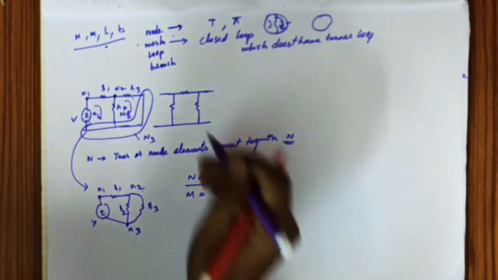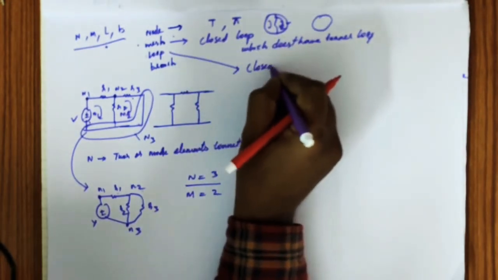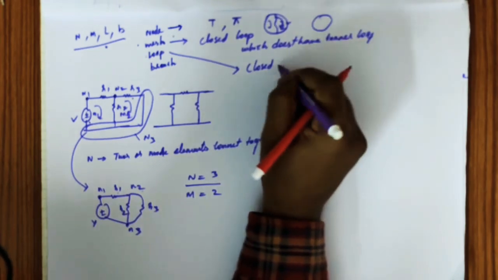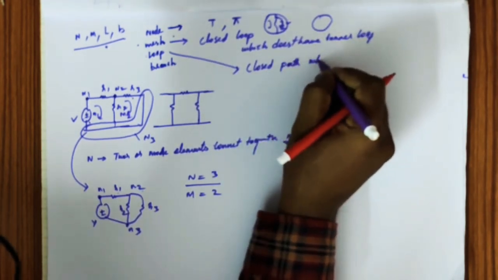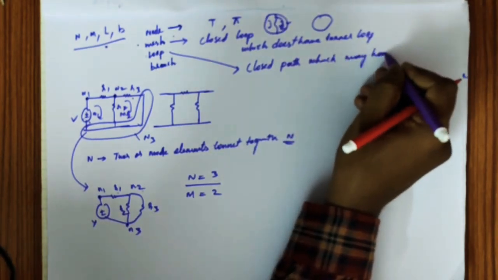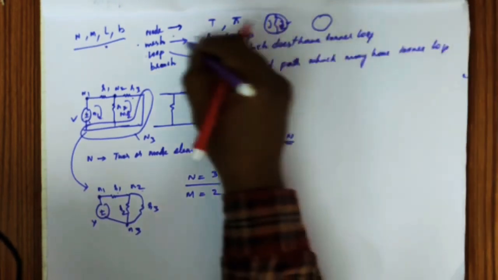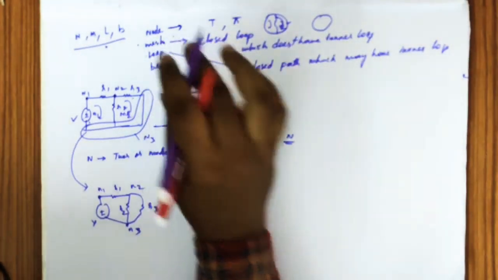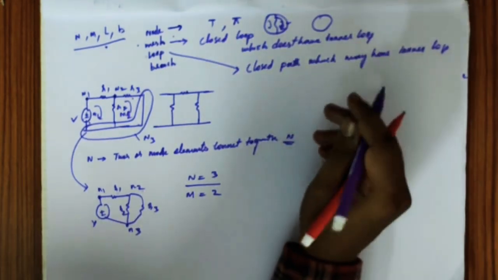Again, what is a loop? A loop is also a closed path which may have an inner loop. So mesh and loop seem to be similar, but they are not; there is a small difference.